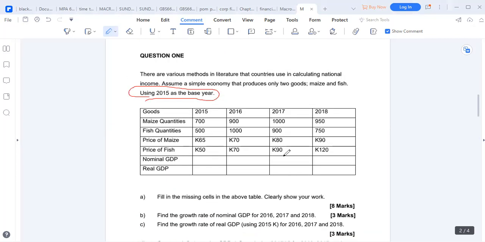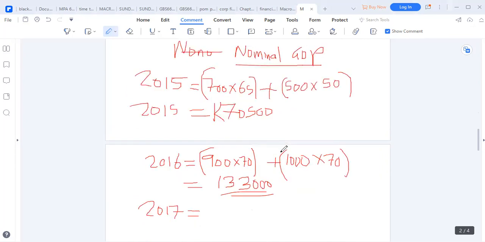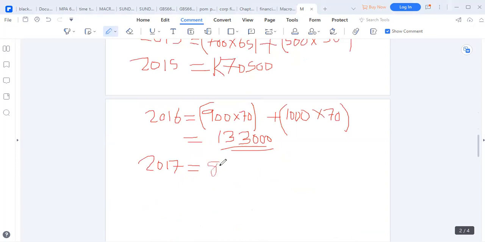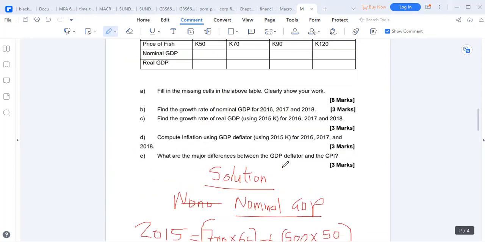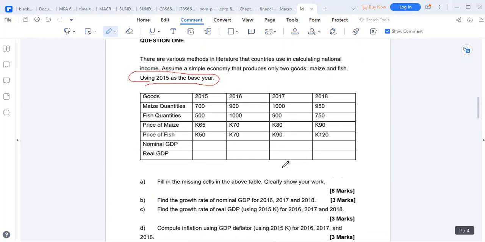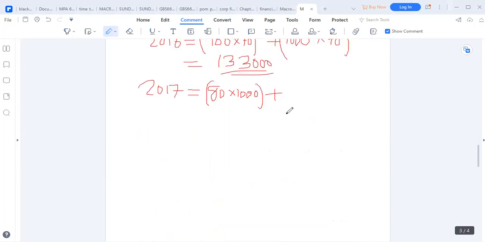Here it will be 80 multiplied by 1,000, plus 900 multiplied by 90.